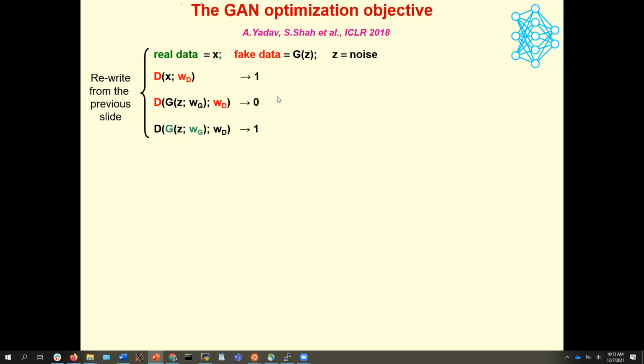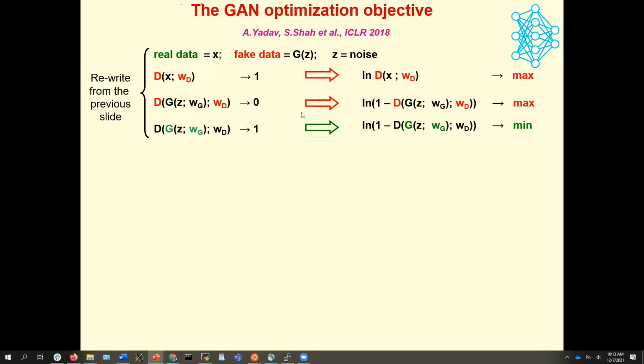Now I can rewrite these 3 relationships in a slightly different form. If we want the discriminator to tend to 1, which is the maximum value for the discriminator, that is equivalent to requiring that the logarithm of the discriminator should be maximum, because logarithm is an increasing function of its argument.